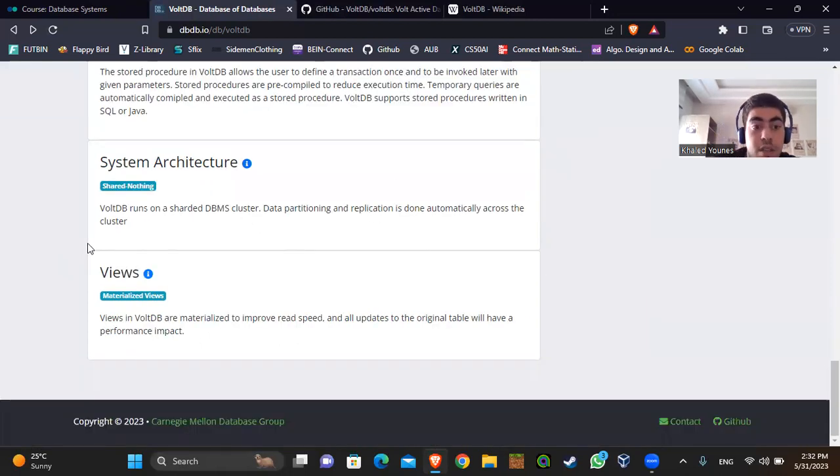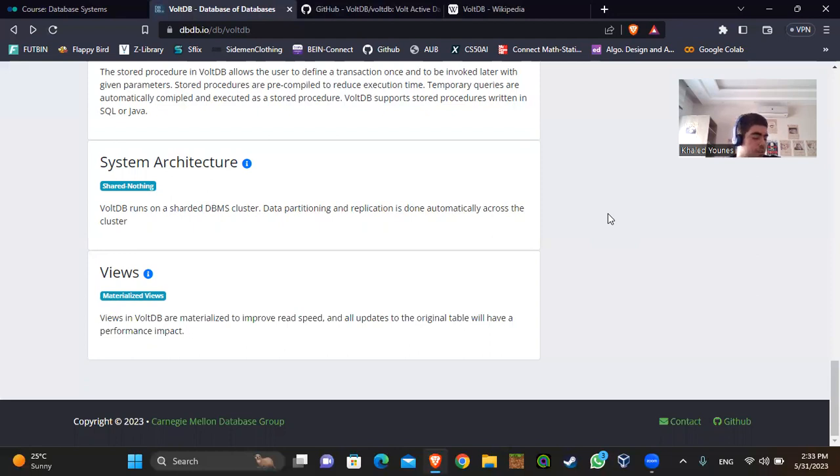System architecture. VoltDB runs on a sharded DBMS cluster. Data partitioning and replication is done automatically across the cluster. As we said before, sharding or partitioning is the process of cutting down data into smaller partitions, spanning across nodes or clusters.